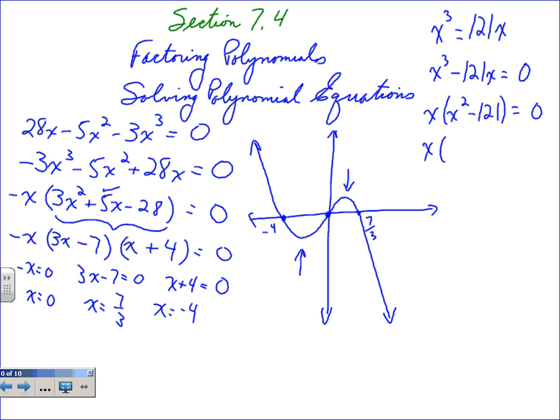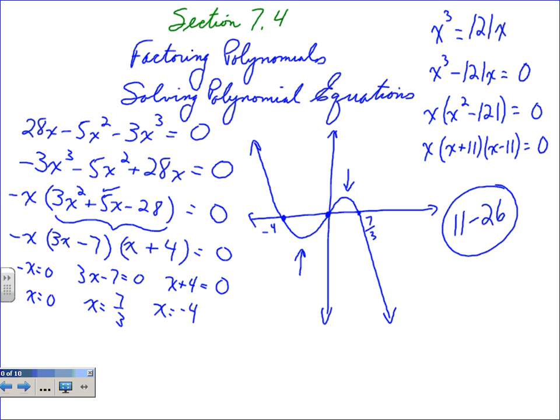Into what? X plus 11, x minus 11, right. All right. All of the problems that you'll have will be able to be factored this way. Okay? And this is how you do problems. This is how we do problems 11 through 26.